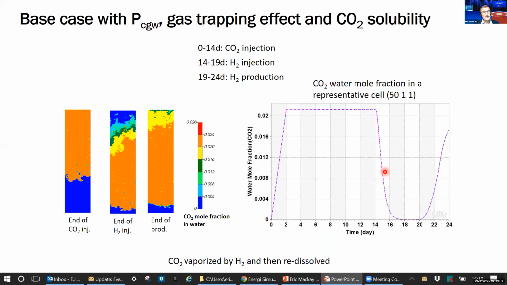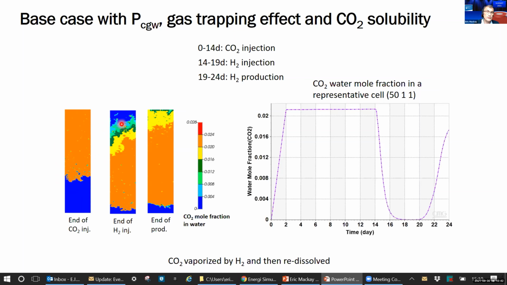But the interesting point here is to look and see what happens with the CO2. So here we're plotting for those same 3 periods, end of CO2 injection, end of hydrogen injection, end of production, the CO2 concentration in the aqueous phase. And it's going up to a mole fraction of just a little above 0.02. You can see that this entire zone, any water here, has been contacted by CO2 and is pretty much fully saturated.